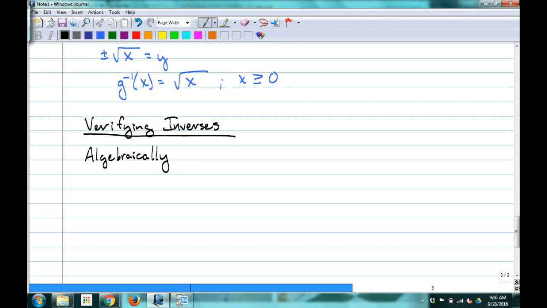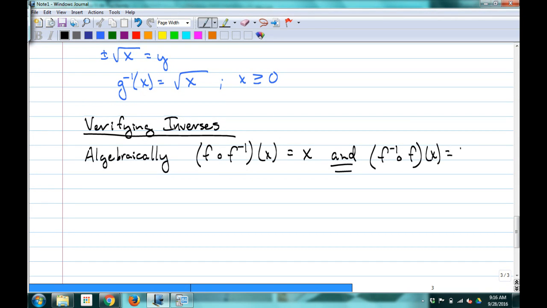Okay, so that's why we even did that. Function composition: f composed with its inverse of x equals x, and f inverse composed with the original function, in that order, equals x. That's algebraic verification.